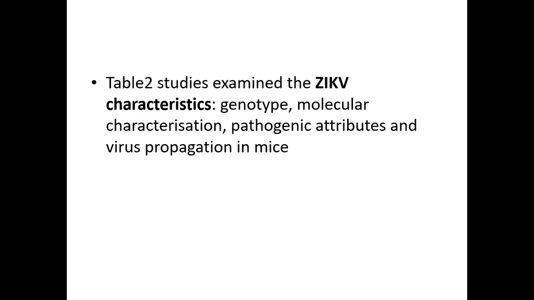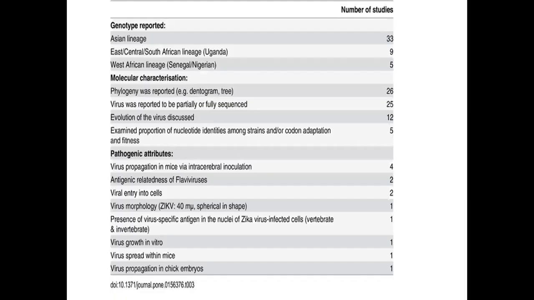Next slide. So the details are there for genotypes reported: Asian lineage 33, East Central South African lineage, Uganda 9, just to map, to give the mapping of knowledge. That's all. Continue.